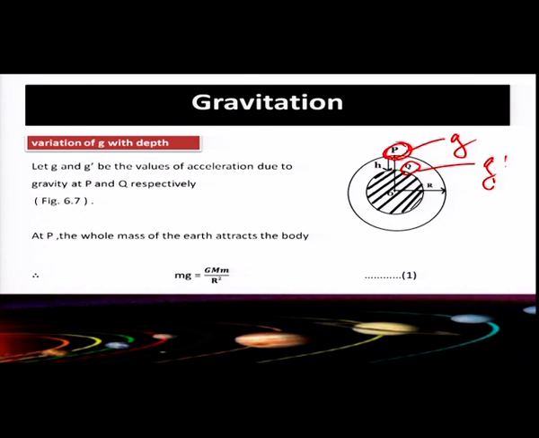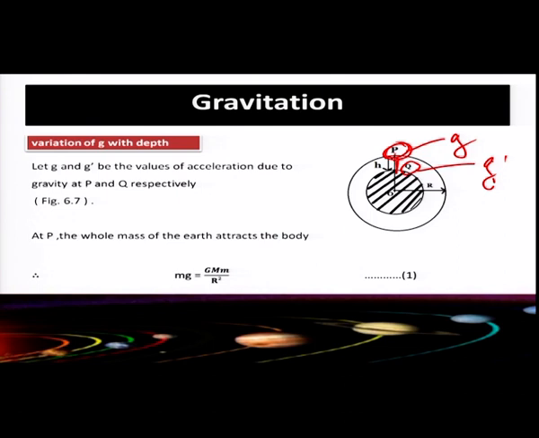We are interested in finding the variation of acceleration due to gravity with depth. Let us consider that at P the whole mass of the earth attracts the body, at a height h.